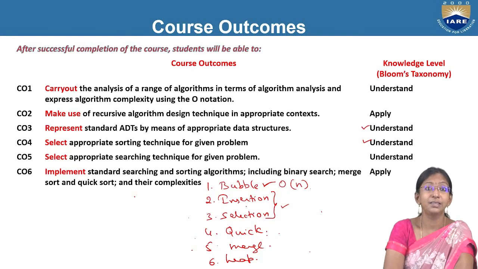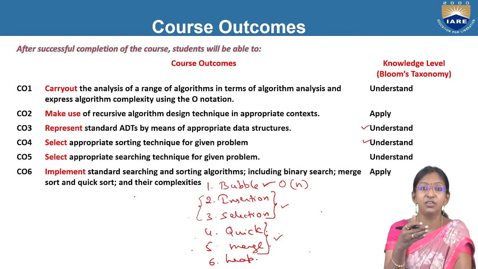But when the size of the list rises, these two will take a huge amount of time. So better go for divide and conquer techniques, which are quick and merge. These two work for a huge set of elements, as they divide the things into halves. With every iteration, they are going to divide the list into two halves and sort.